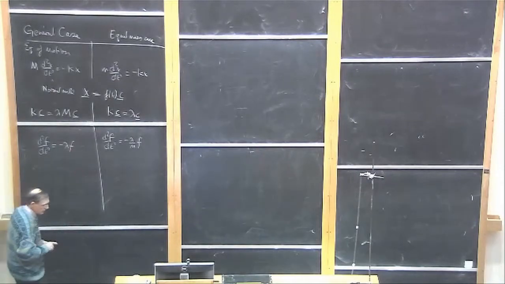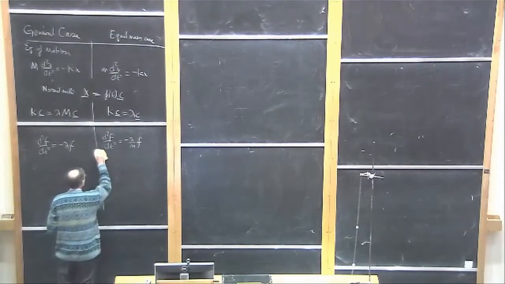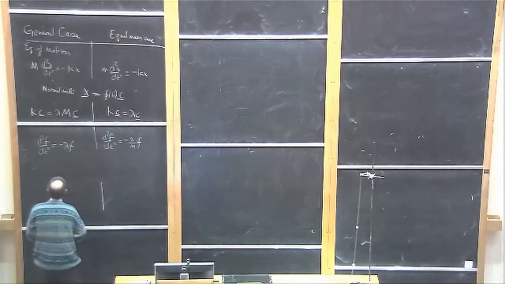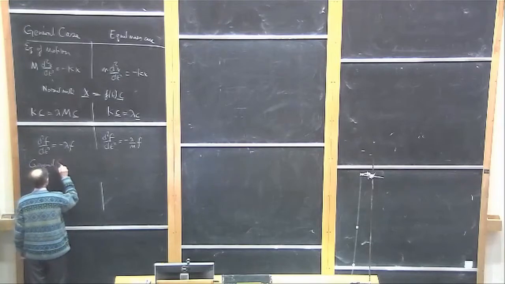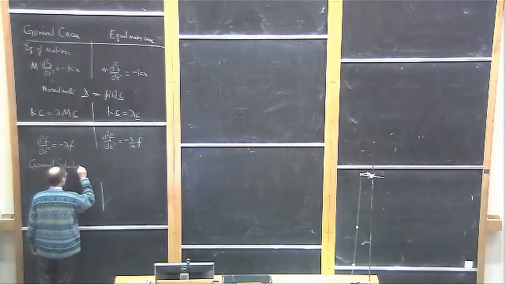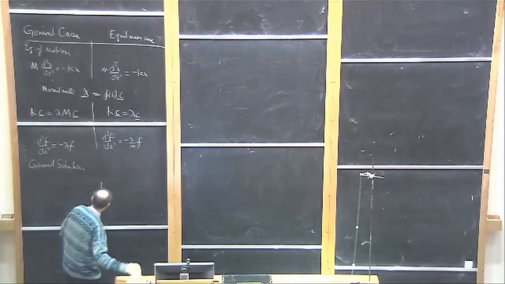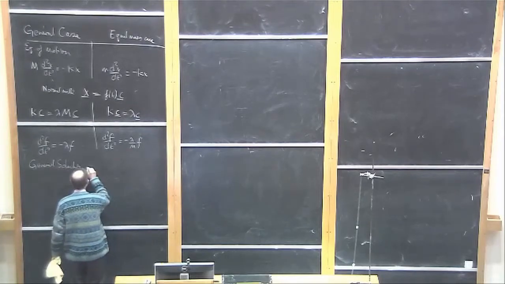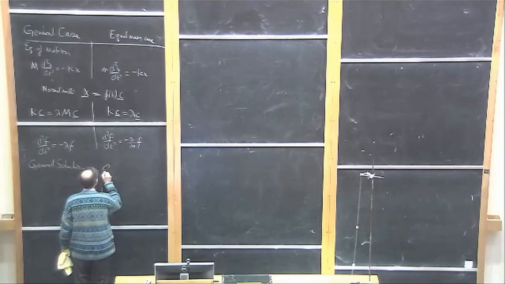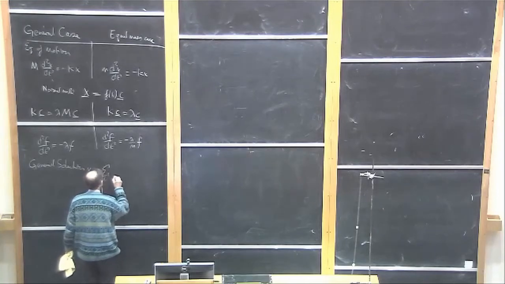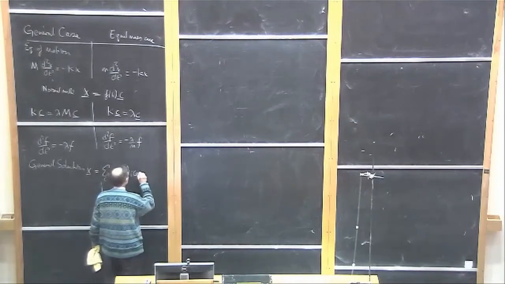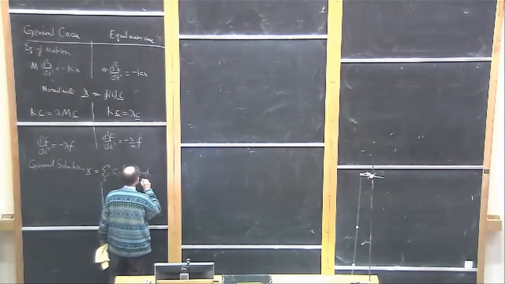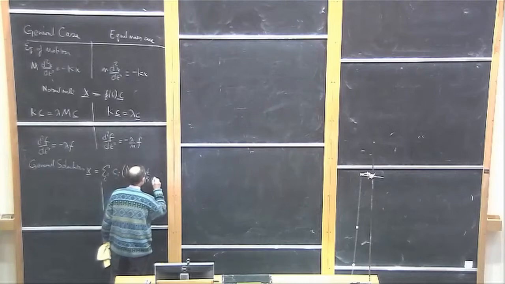So then the general solution in terms of arbitrary constants is the same. x is sum over i ci ai cos omega i t plus bi sine omega i t.